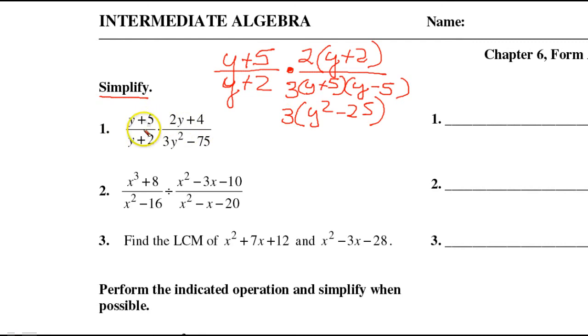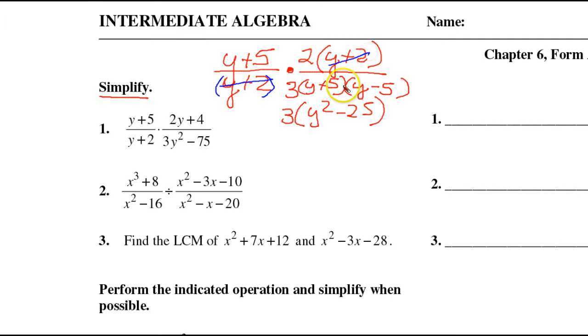So I've just taken this straight, no changes. Here I'm going to factor a 2 out of each term. Now here I had to factor a 3 out first, and I got then the difference of perfect squares that factor into its conjugates. And now I look for common factors.